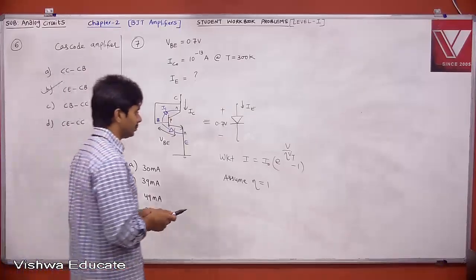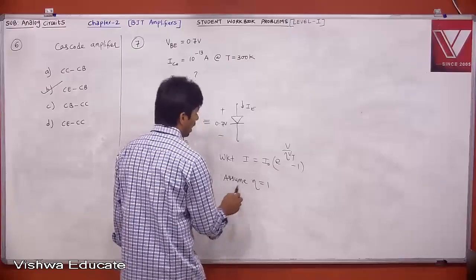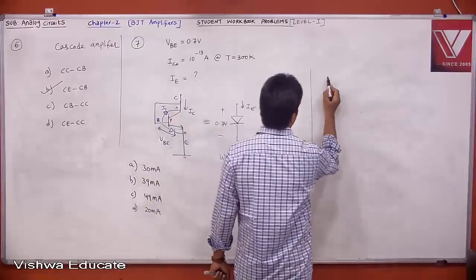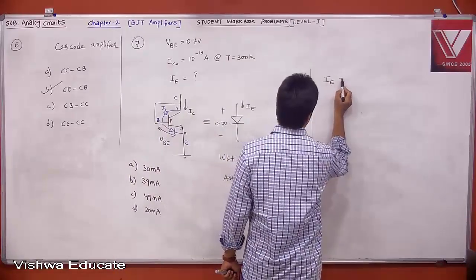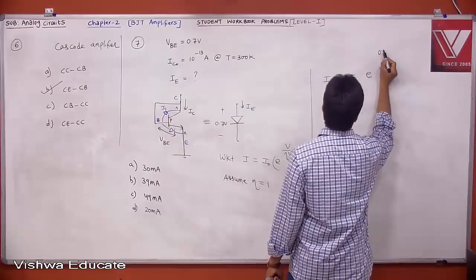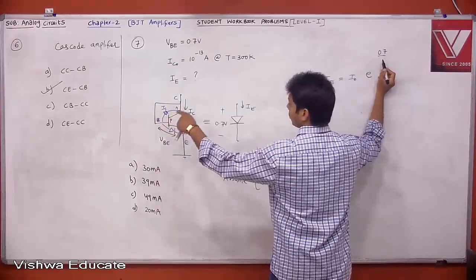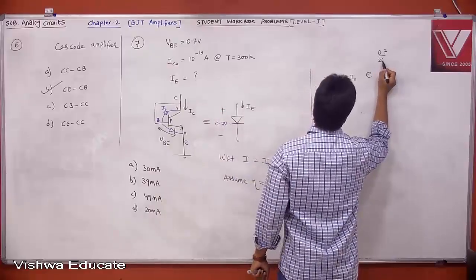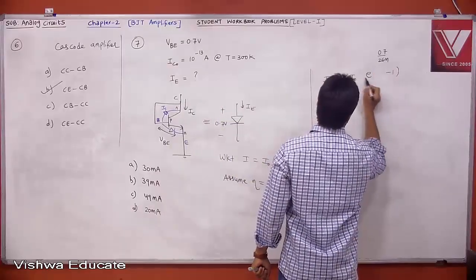Okay, that's fine. Therefore, IE is equal to I naught into e to the power of V, which is 0.7. At room temperature, Vt is 26 millivolt, minus 1. I think you can neglect 1.